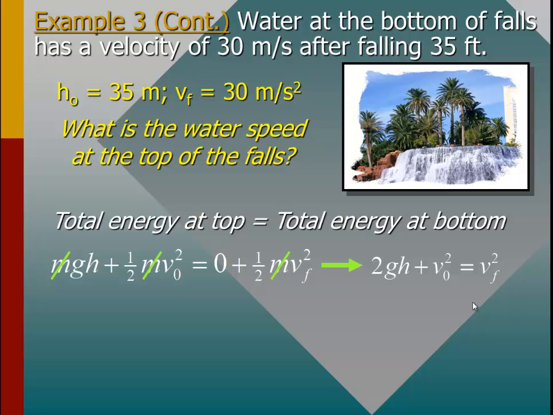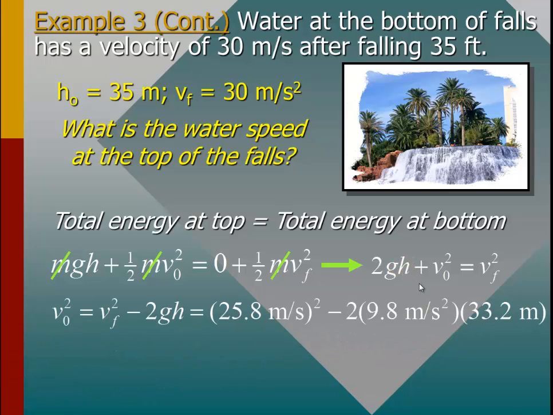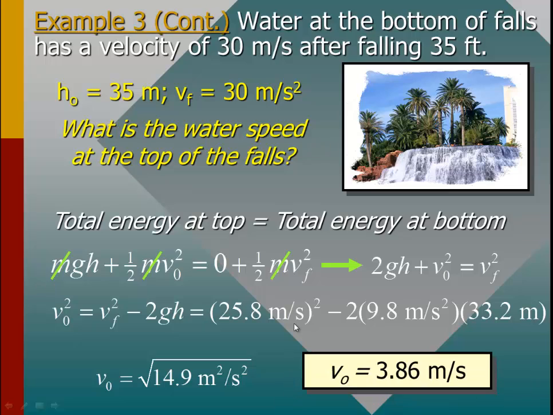The way we recognize it: VF squared equals V naught squared plus 2AD. In this case, A is G and D is H. So we can solve for V naught squared and then square root the number, and we get 3.86 meters per second.